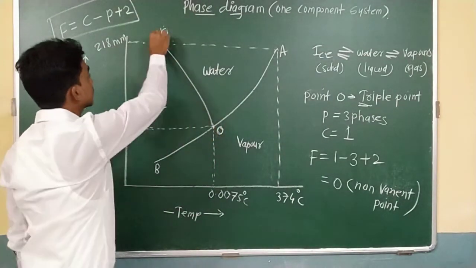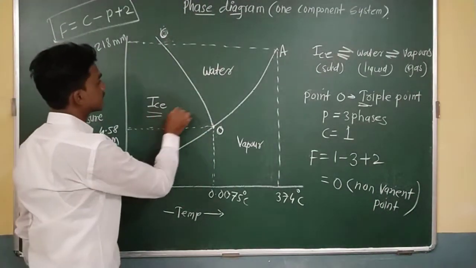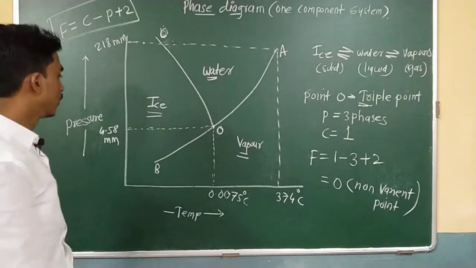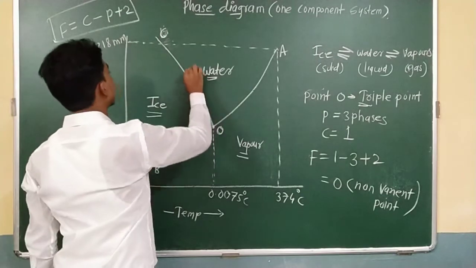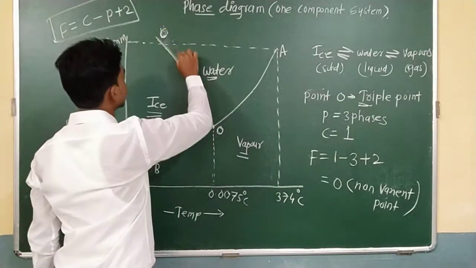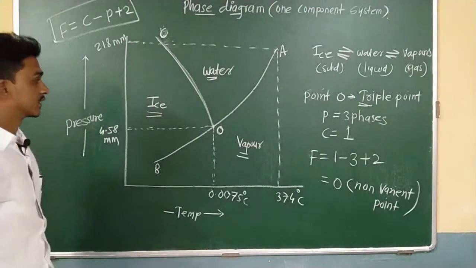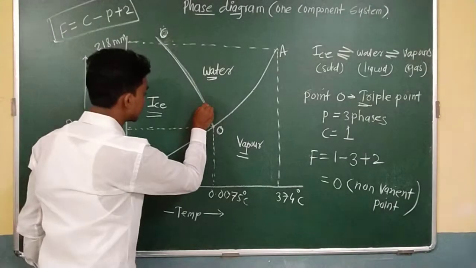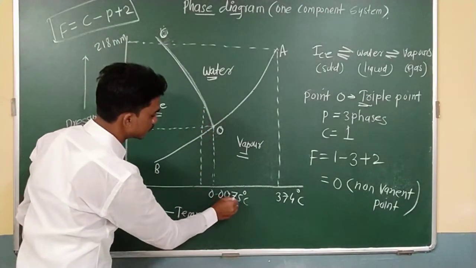Now the next point: here is the ice, here is the water, here is the vapor of water molecules. So what does the curve OC indicate?